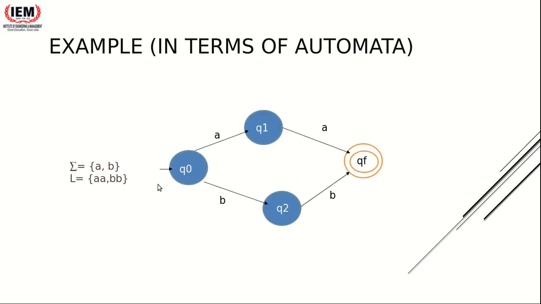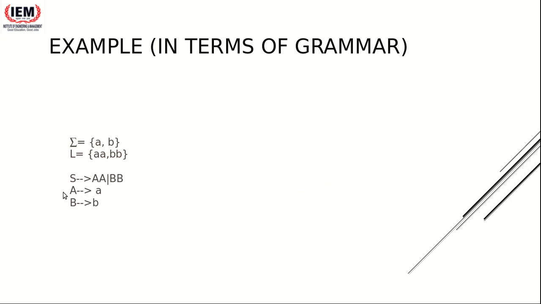The same way, here we had a starting state. Here also we will have a starting symbol represented by S in grammar. Now S will evaluate to capital A or capital B. For now, just consider that capital A is a variable, capital B is also a variable. So my S can evaluate to A or B.